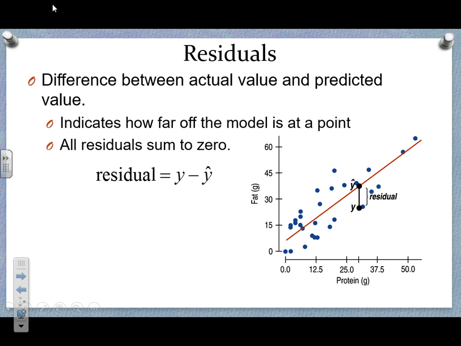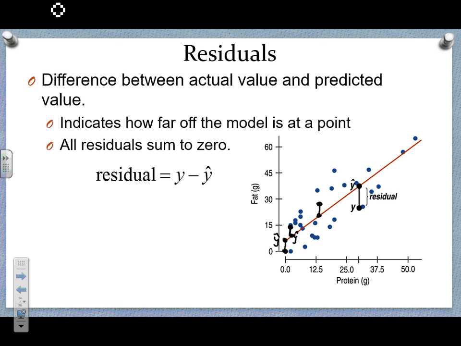One of the things to keep in mind when working with residuals: if we were to go through this entire scatter plot and calculate every single residual, so for every single point on the graph here, for this point, we would mark its residual. So here's my y hat. For this point, we'd go through and mark its residual, and we find all these differences.